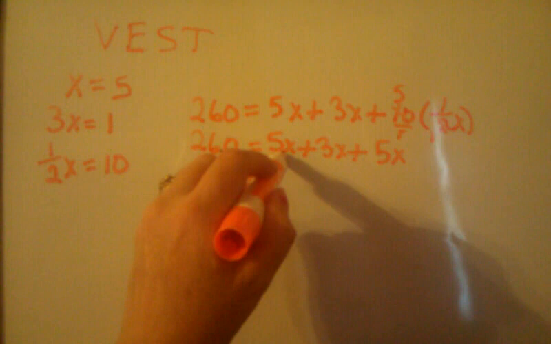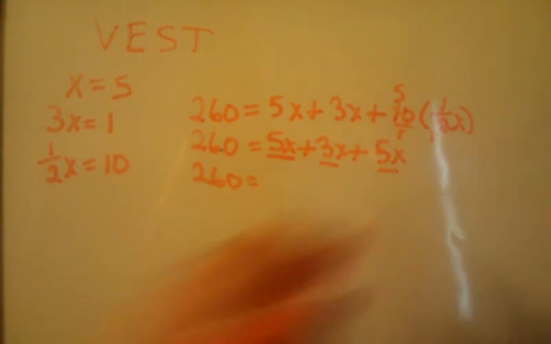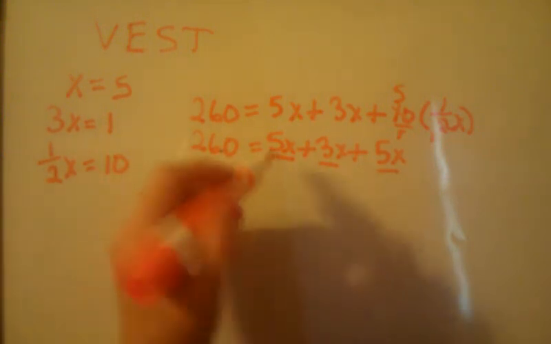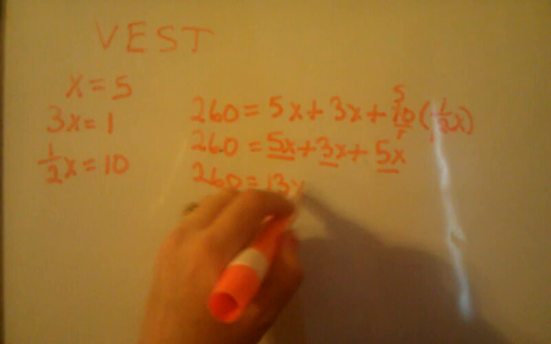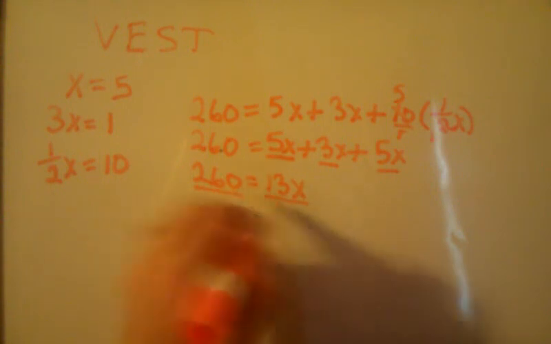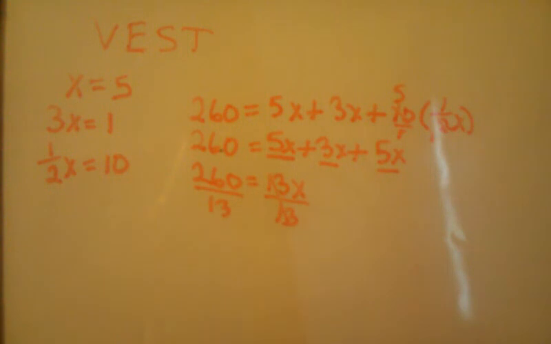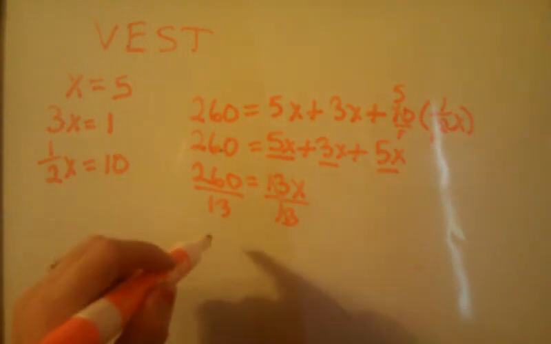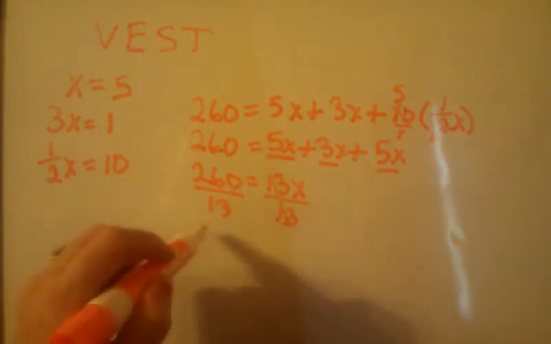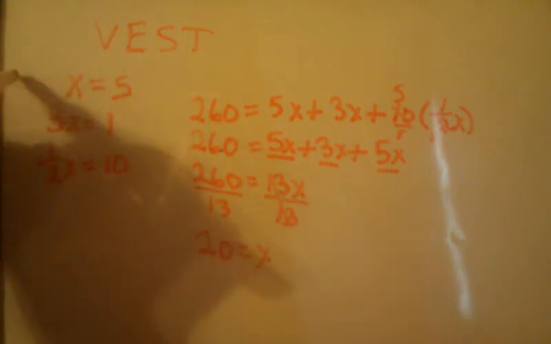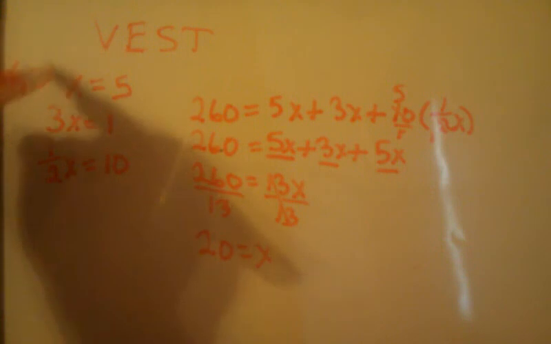I have 5, 3, and 5. They're all alike, aren't they? Okay, 5 plus 5 is 10, plus 3 is 13. Now I have to divide both sides by 13. So 20 equals X. So I have $5 bills, 20 of them.